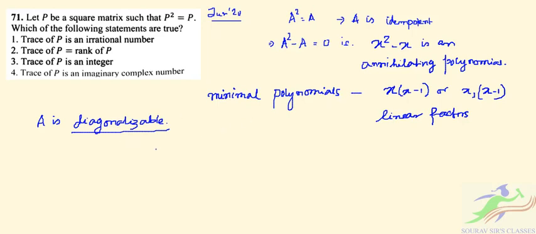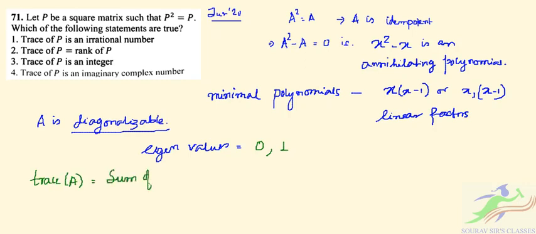So here, what are the eigenvalues? The two eigenvalues will be 0 and 1. Which implies that the trace of A is the sum of the eigenvalues. We already have this: trace of A is equal to the sum of eigenvalues, which is equivalent to the rank of the matrix A. The rank of the matrix is an integer.